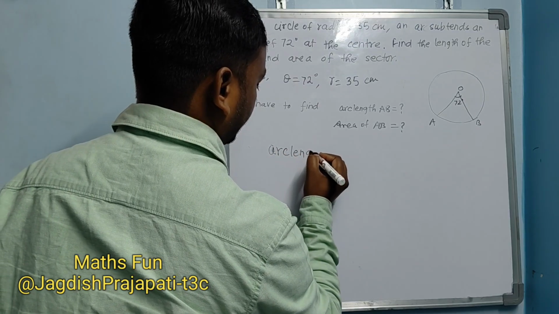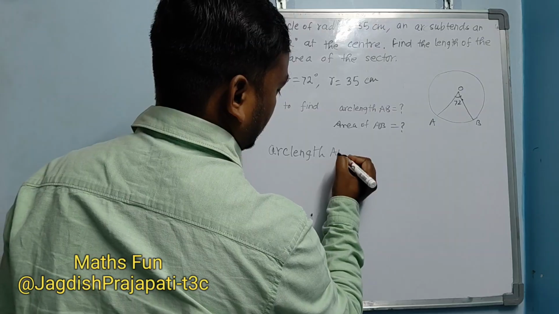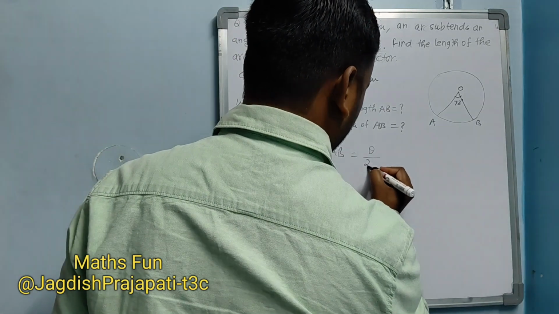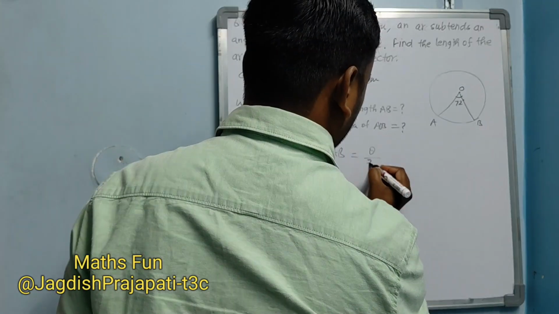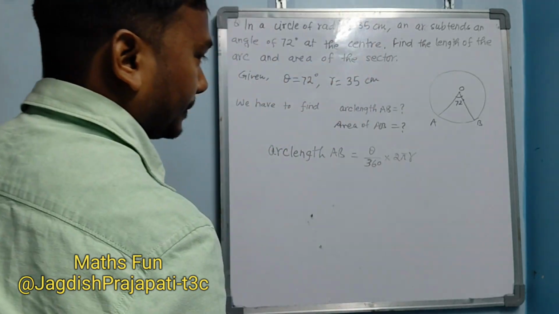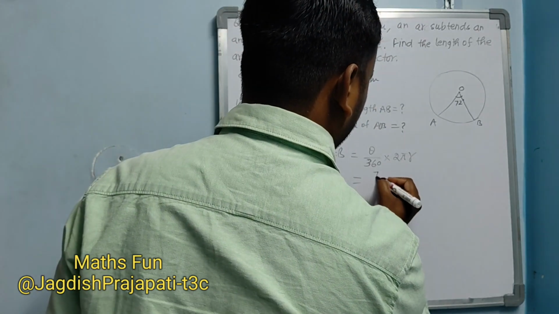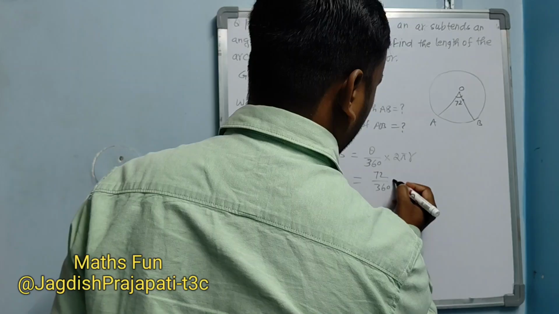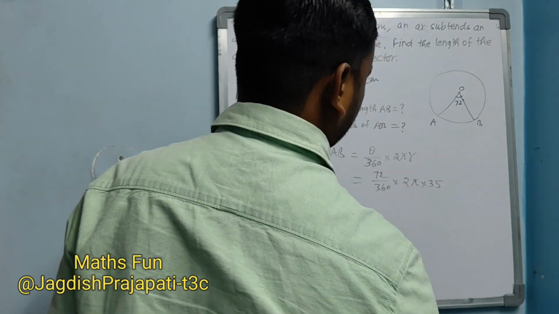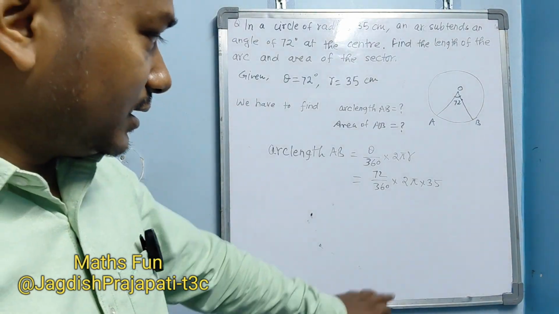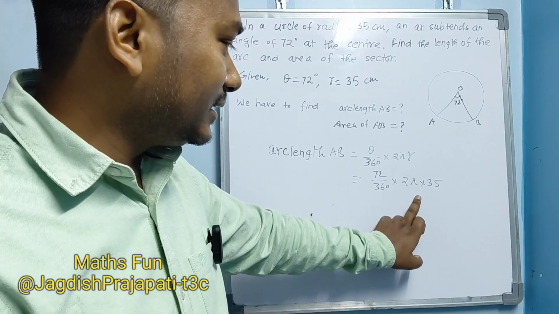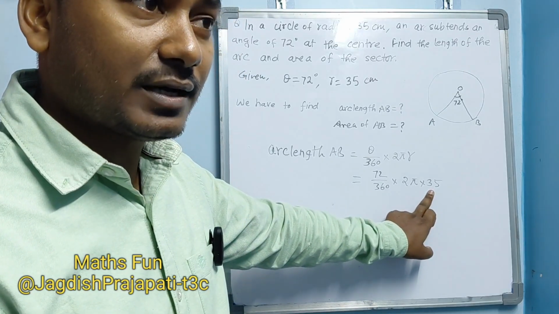Therefore, arc length AB is theta by 360 into 2 pi r, that is 72 by 360 into 2 pi into 35. Now see, if we put pi as 22 by 7, then 7 will divide this 35, 7 fives are 35.